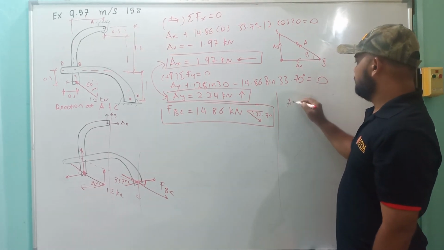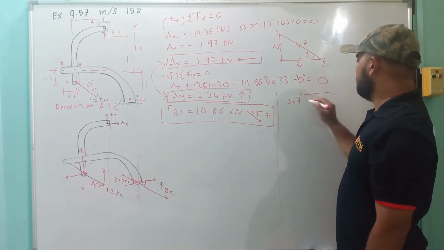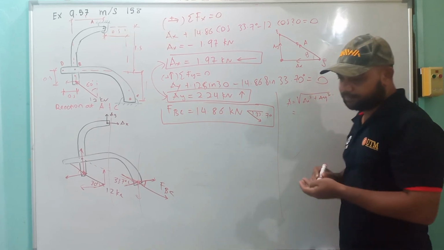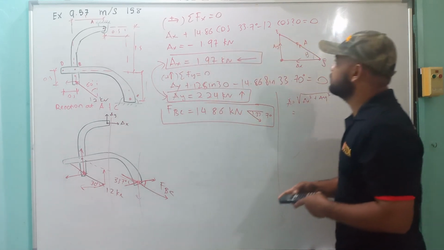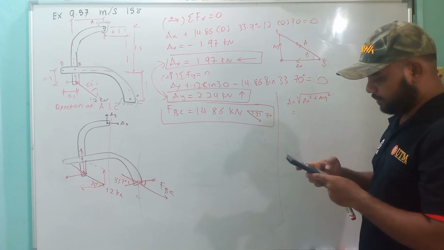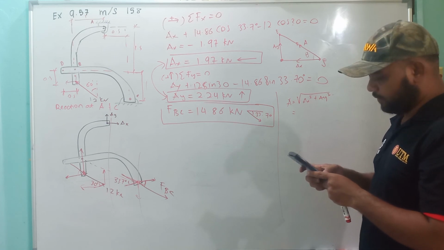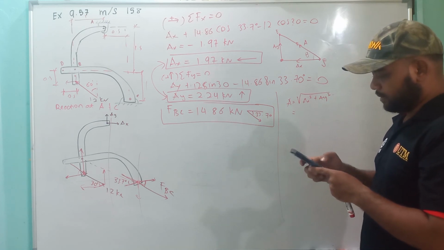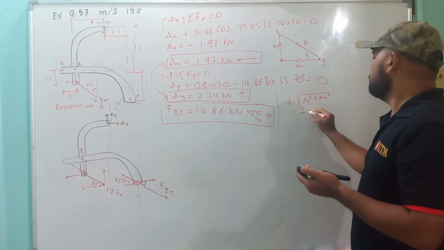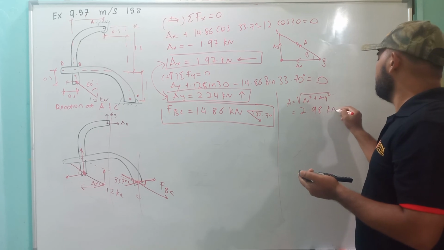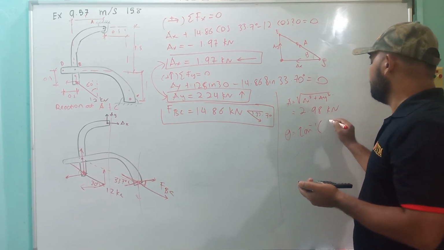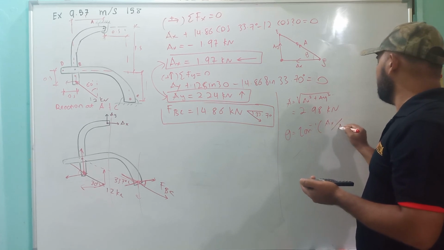So A is equal to square root of Ax squared plus Ay squared, equal to 1.97 squared plus 2.24 squared. Square root of everything, you have 2.98 kilonewton. Theta is equal to tangent minus 1 Ay divided by Ax.